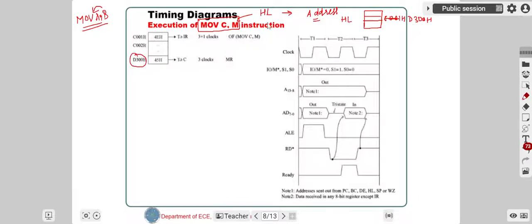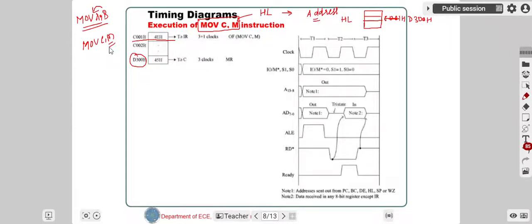Okay, and this instruction MOV C,M has been stored in this location C001H, and it has opcode 4EH. So this instruction is stored in the memory location C001H, which is 4EH. The opcode for this instruction is 4EH, and the 4EH opcode is for MOV C,M.